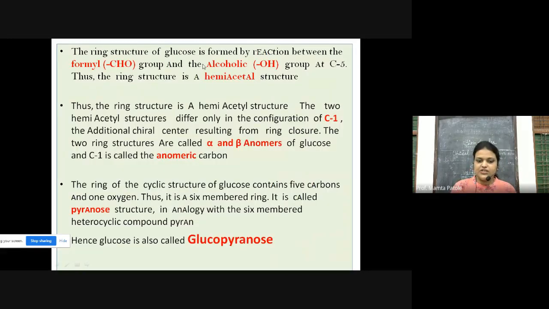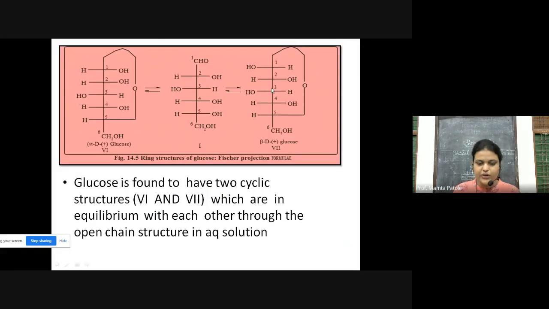The ring structure of glucose is formed by reaction between the formyl group, that is the CHO group, and the alcoholic group at C5. Thus, the ring is a hemiacetal structure. As I told you in this slide, the OH goes and attaches on this formyl group, right?